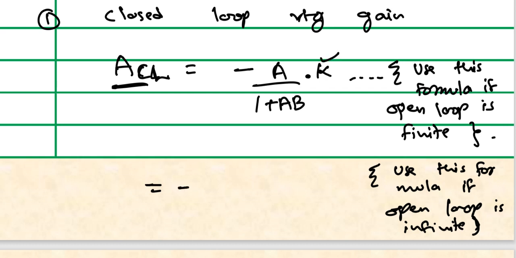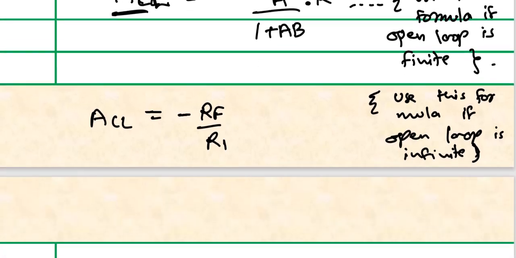If I solve this, it comes out as minus RF by R1. So this is the closed loop gain. This is the ideal case. So in the ideal case, the gain of the inverting amplifier is minus RF upon R1.